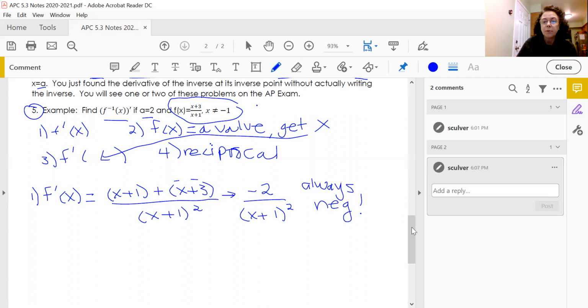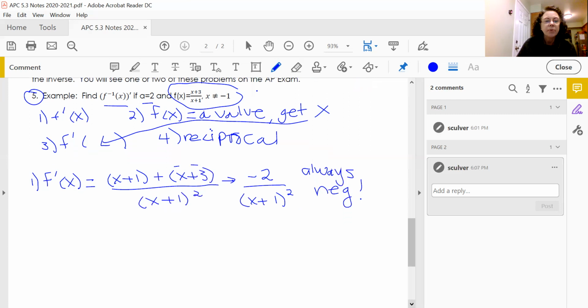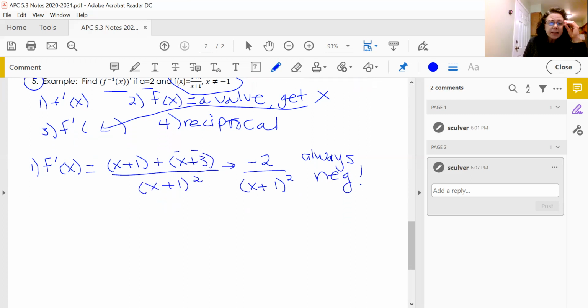Okay, step 2. Just trying to make this scroll up. It doesn't want to. There we go. Step 2, take the original function and set it equal to the a value they gave you. That is the input of the inverse, so it is the output of the original function.